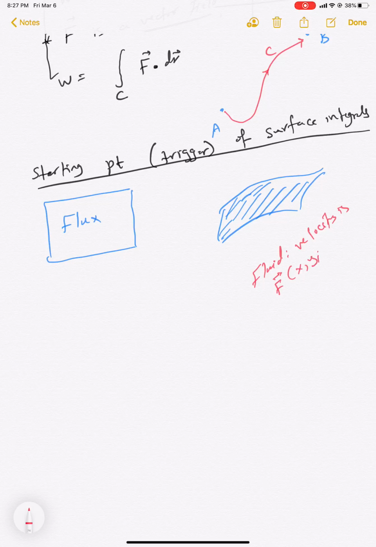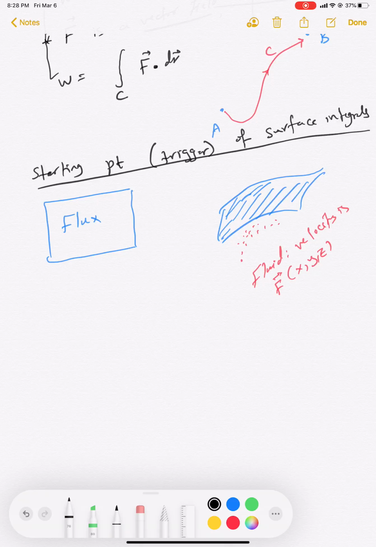Remember, the velocity is a vector. So you have a fluid, a moving fluid, a current, and at each point there is a certain velocity. Imagine a river, for example. If you look at a river, at each point the velocity is different from another point. So now we want to talk about the volume of a fluid crossing this surface per unit of time.